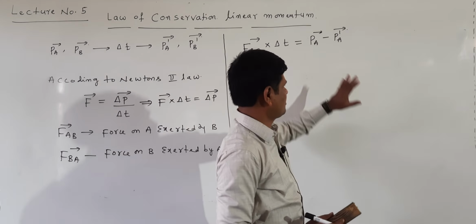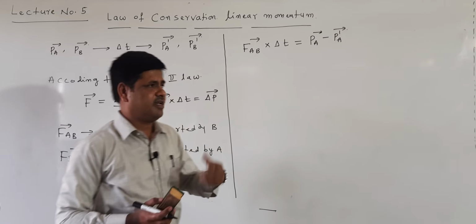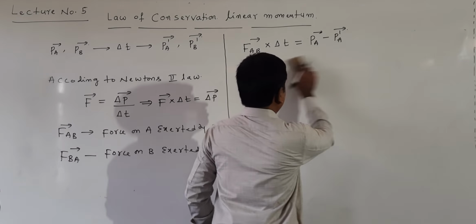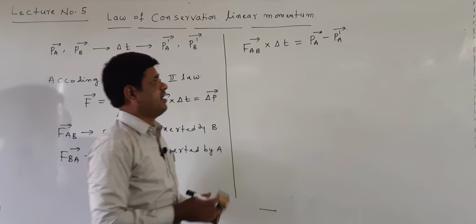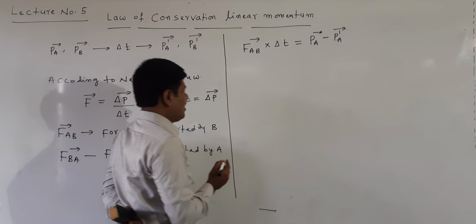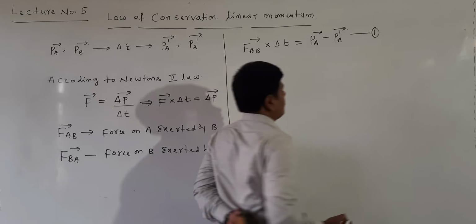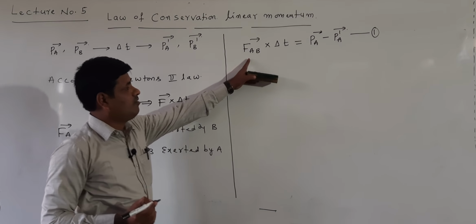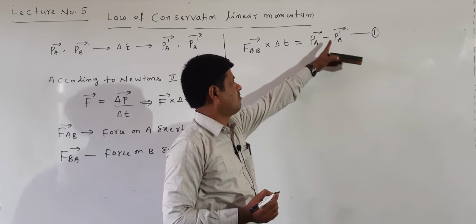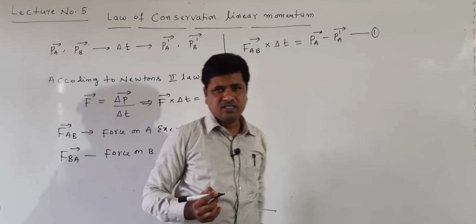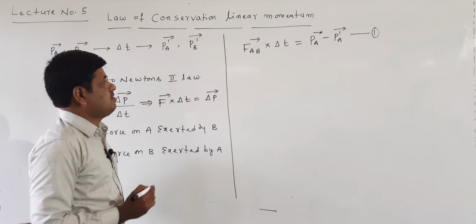Change in momentum, initial minus final or final minus initial, we get the same value. Similarly, FAB bar into delta T is equal to PA bar minus PA dash bar. This is given as equation number 1.